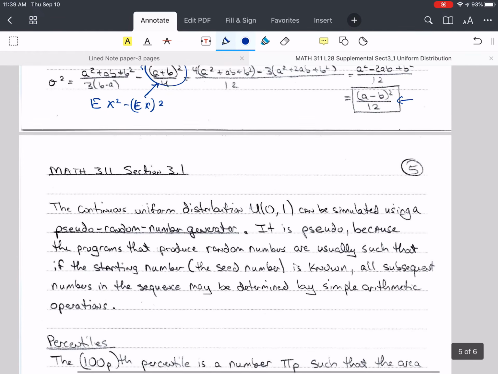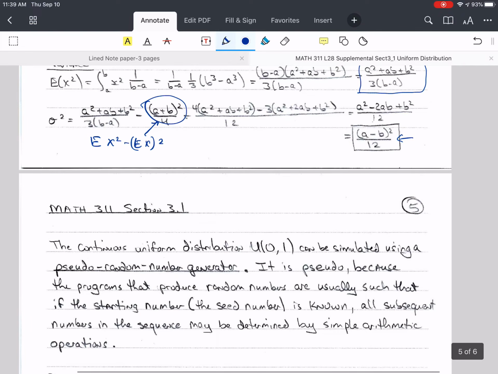Okay. So the continuous uniform distribution, the basic one, U(0,1), is a very important uniform distribution. You can simulate this using what we call a pseudo-random number generator.